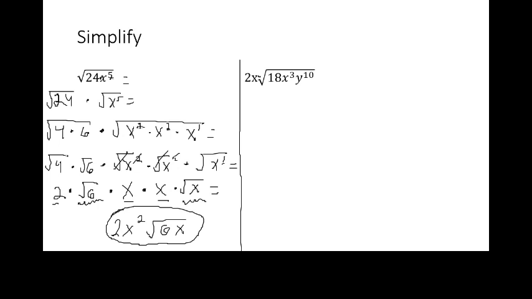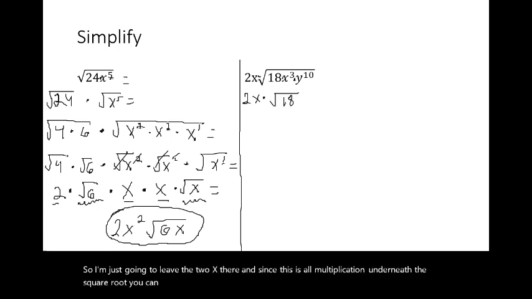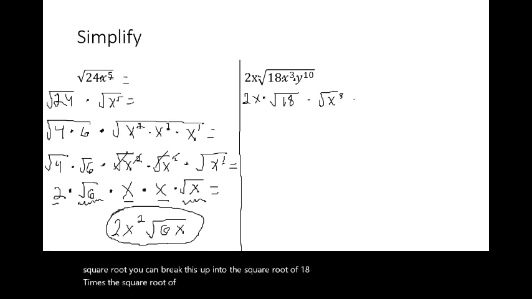So I'm just going to leave the 2x there. And since this is all multiplication underneath this square root, you can break this up into the square root of 18 times the square root of x to the 3rd times the square root of y to the 10th. So again, leave the 2x alone.